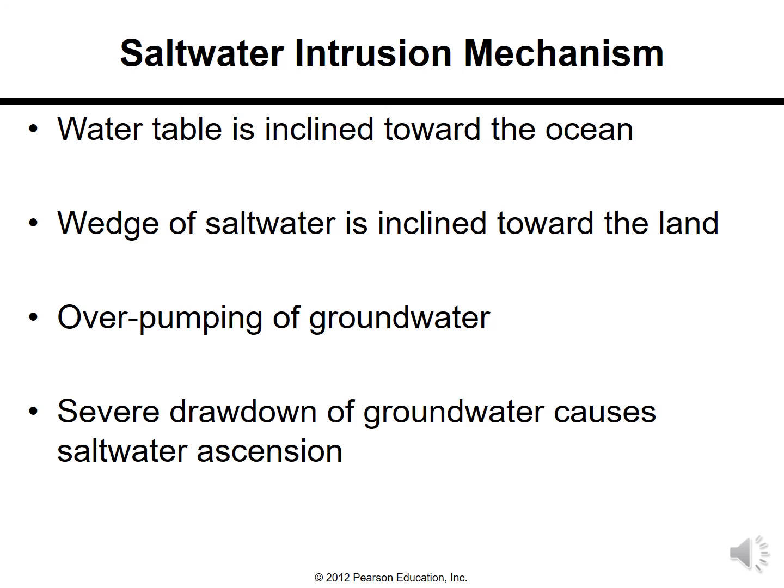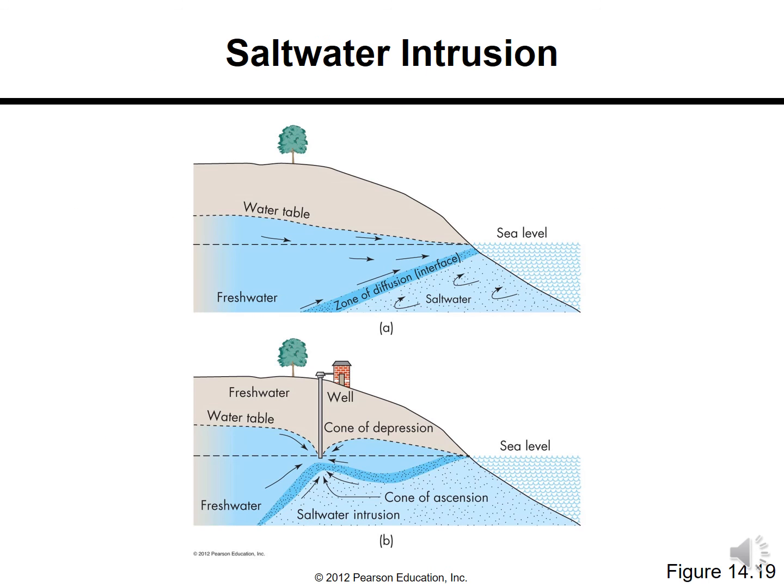Saltwater intrusion mechanism. The water table is inclined towards the ocean. The wedge of salt water is inclined toward the land. Overpumping of groundwater can cause severe drawdown of groundwater, which causes saltwater ascension. So salt water starts to get into the ground. Here is the picture that you can see.